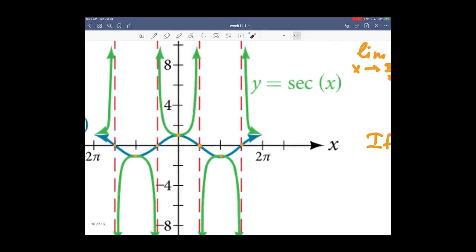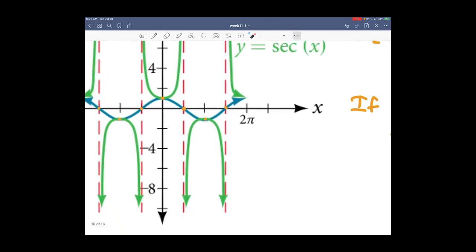And we can also draw secant when cosine is negative. This is quadrant 2. Cosine is decreasing from 0 to -1. Correspondingly, secant, the reciprocal of cosine, increases from -infinity to -1.